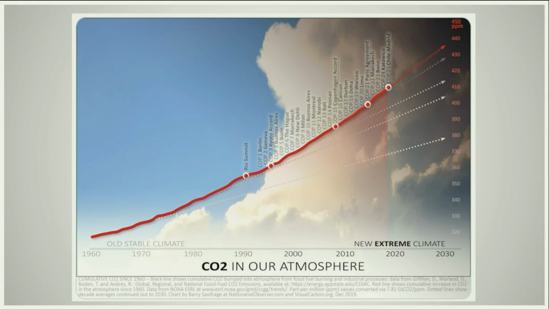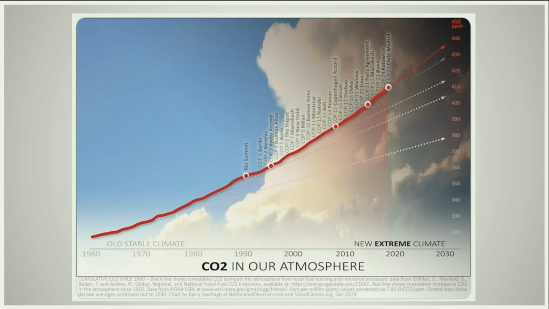And we see that the level of carbon dioxide continues to rise in an accelerated way, despite the fact that at each one of these meetings, the world has agreed that something should be done about reducing carbon dioxide emissions.